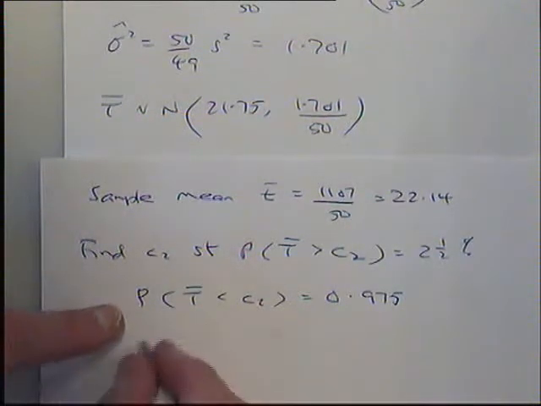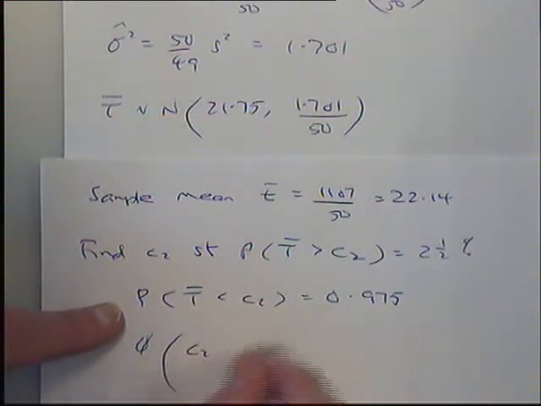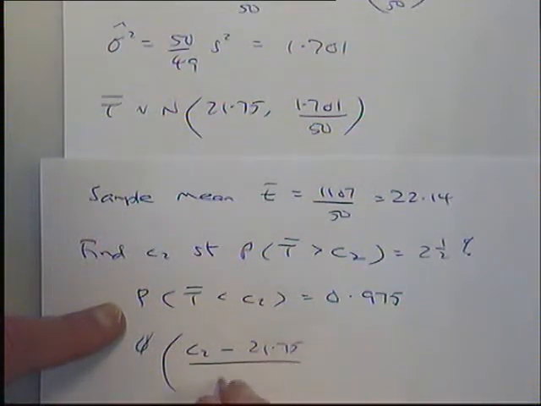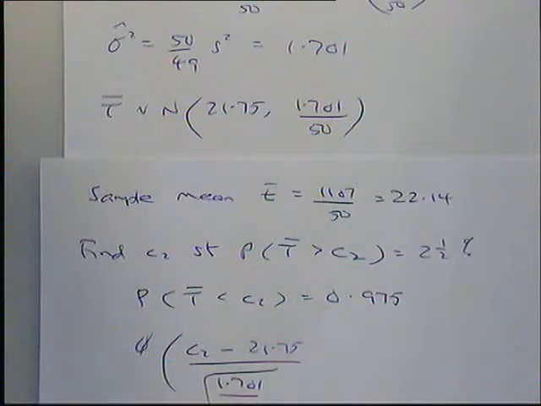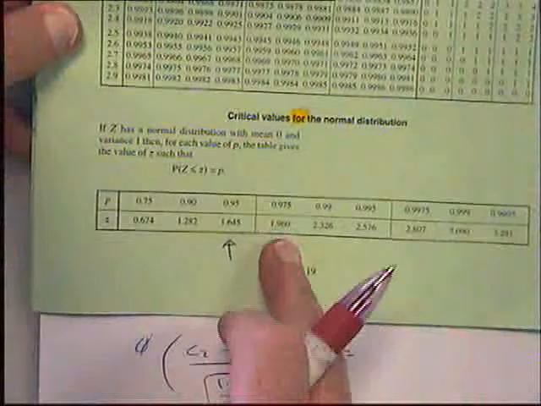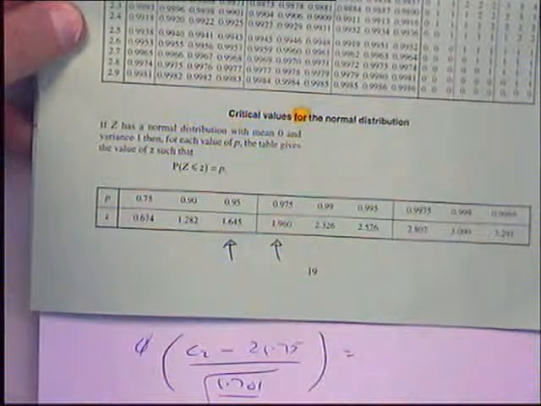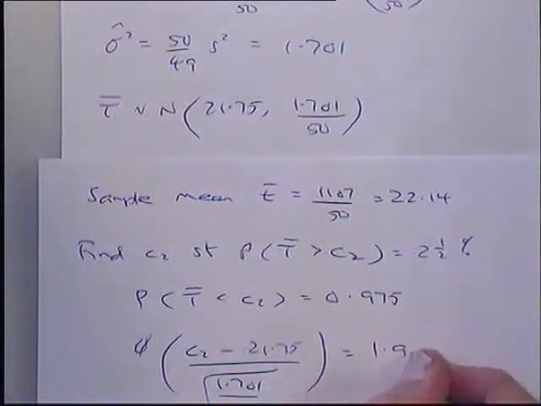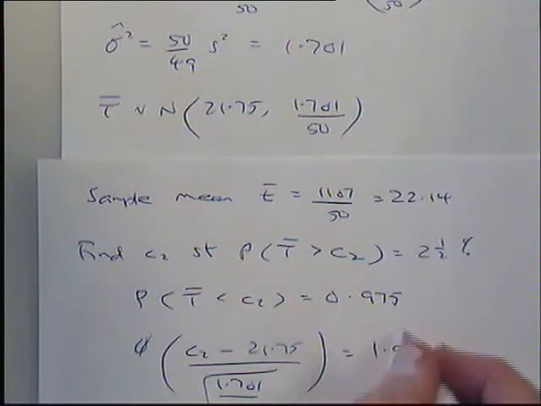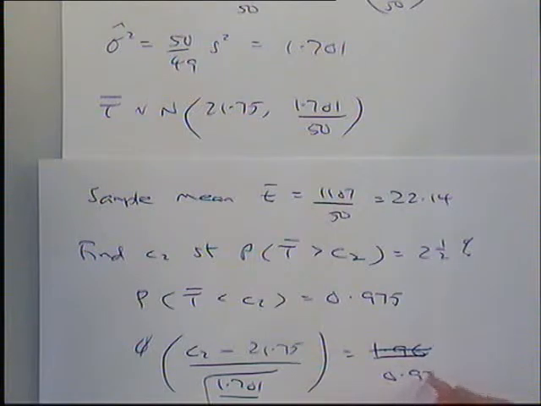I can phi this bit: it's my value, take away my mean, over my standard deviation, and anti-phi 0.975 from the tables, 1.96. Again, that one you will also memorize. Sorry, I've anti-phied too early here. 0.975.